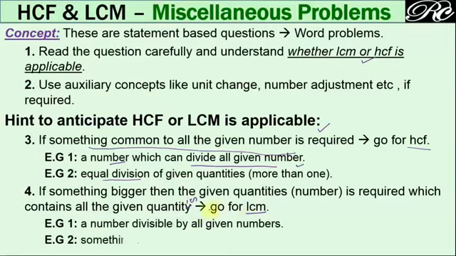Example, if we have to find a number which is divisible by all given numbers, whatever the given numbers are, we need a bigger number so that the new number will be divisible by all the given numbers. Means it will be LCM. If something larger than all given numbers is required, then we shall go for LCM. So based on this concept, let us go for questions.